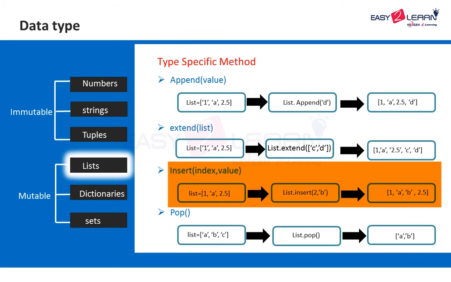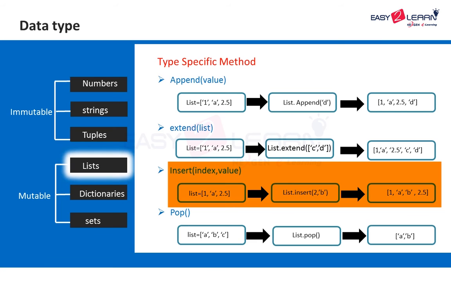So here, I have specified 2 and then B. Basically, it means that I need to add B at the third place from the start of the list. Again, when I say 2, our indexing starts from 0, so B would be between A and 2.5. So you can see the output 1, A, B and 2.5.